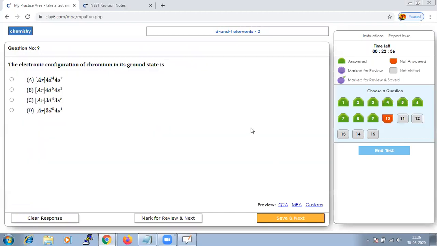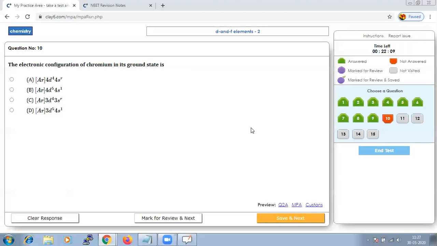The electronic configuration of chromium in its ground state. We have to do the electronic configuration of chromium in ground state, because chromium is an exception, it will follow the rule that if there are 4 electrons in your d orbital, it will move 1 electron from the s orbital to fill the extra space.